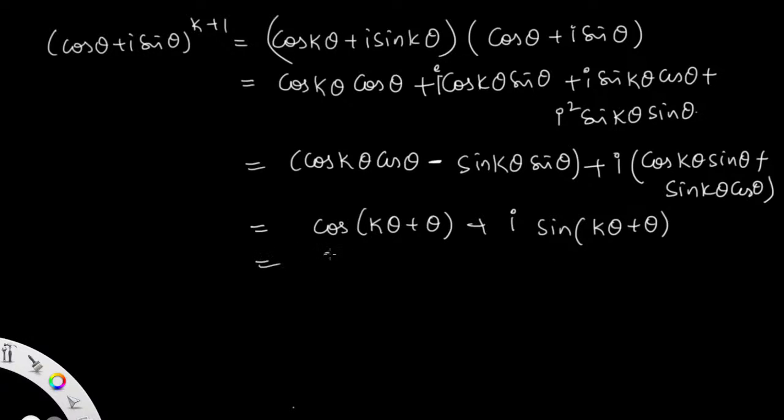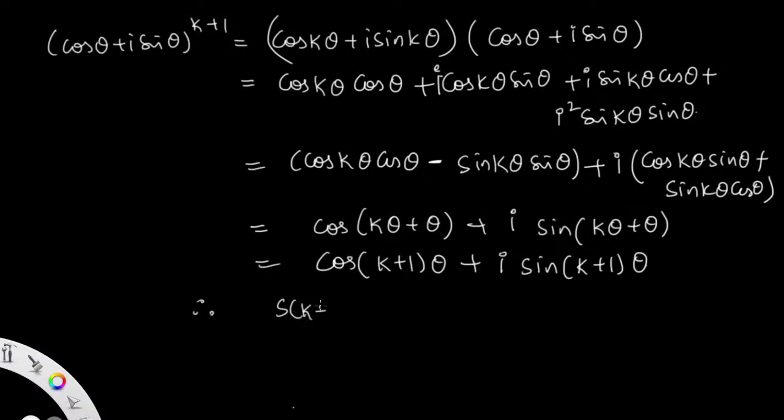So we get cos of k plus 1 into theta plus i into sin of k plus 1 into theta. Therefore S of k plus 1 is true.